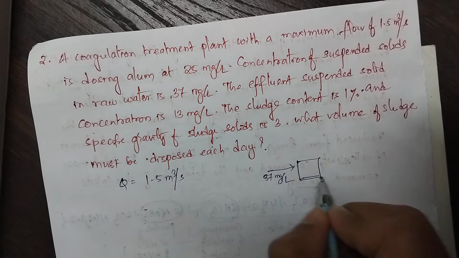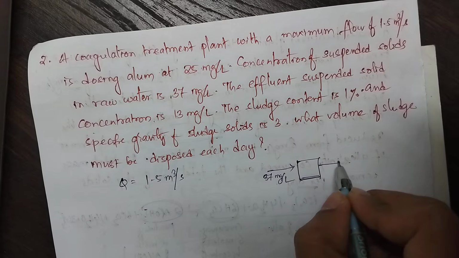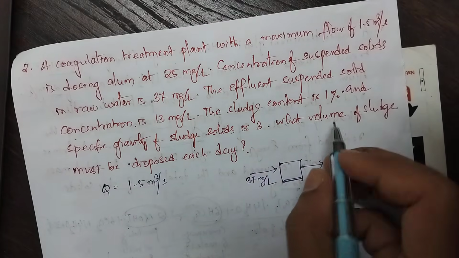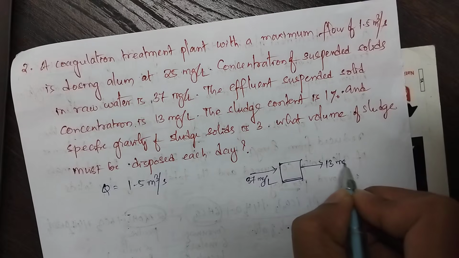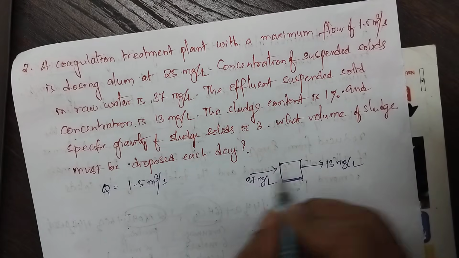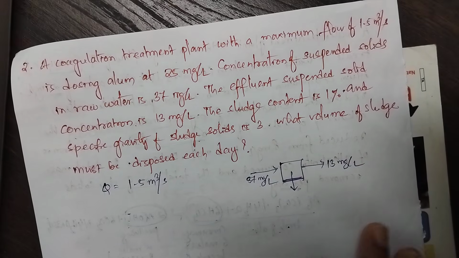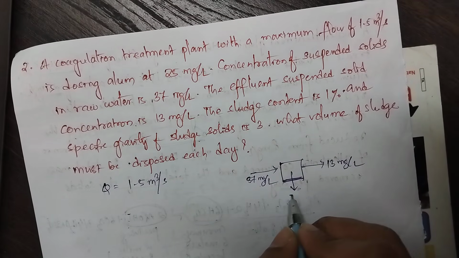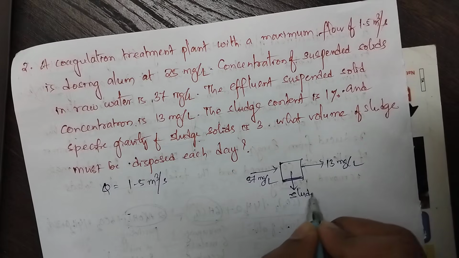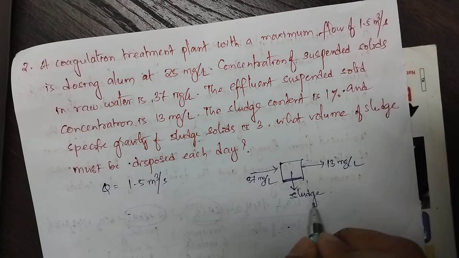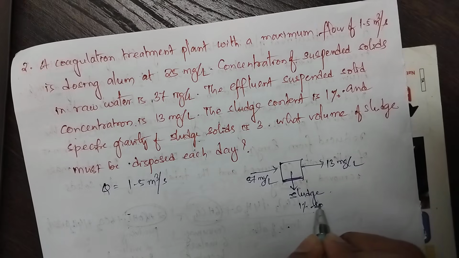And after passing through the water treatment plant, the outlet effluent suspended concentration is 13 milligram per liter. So this difference in concentration is because a part of the suspended particles are being settled, and this is giving rise to sludge. So out of total volume, 1% is that solid particles.